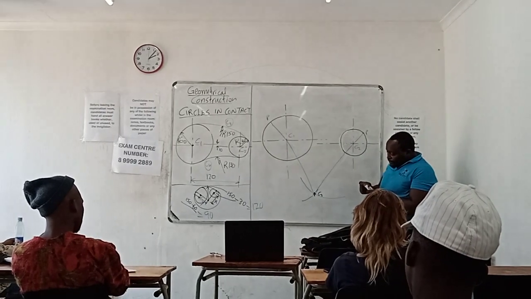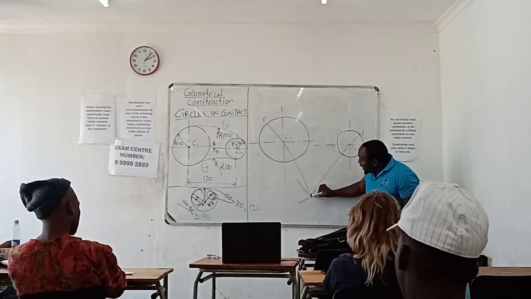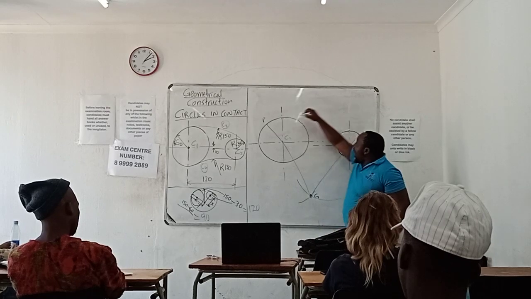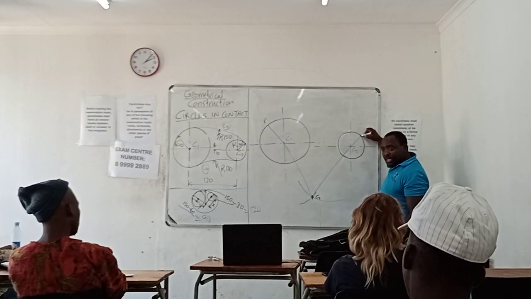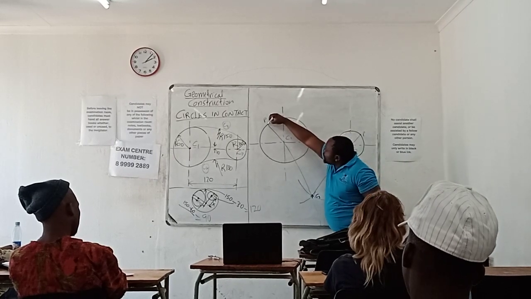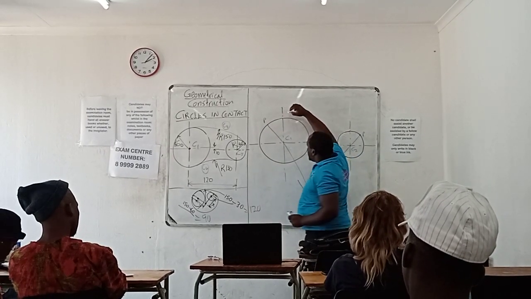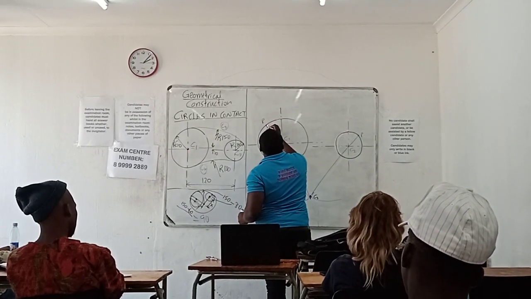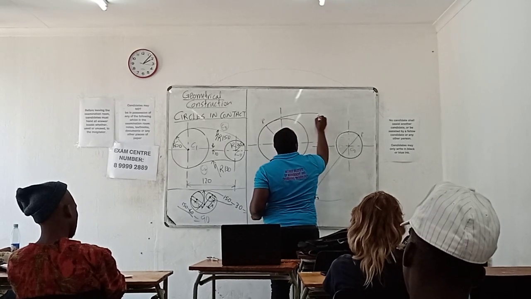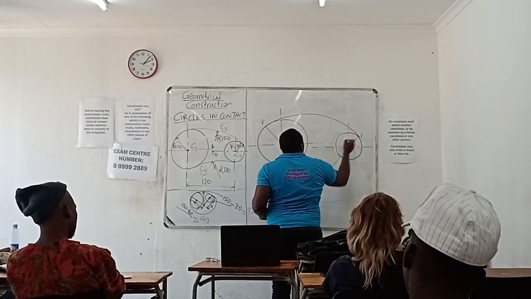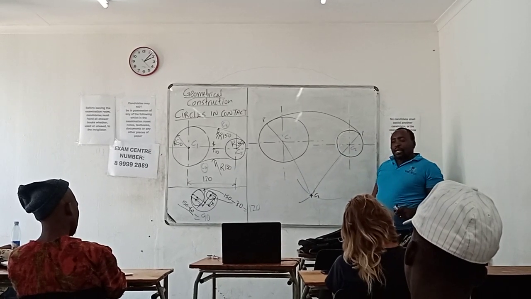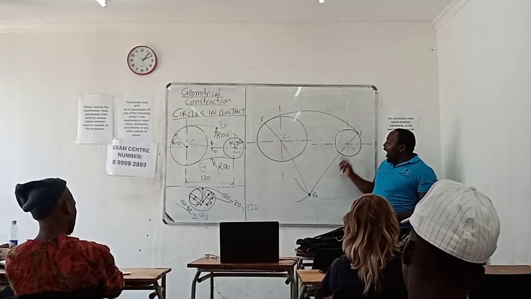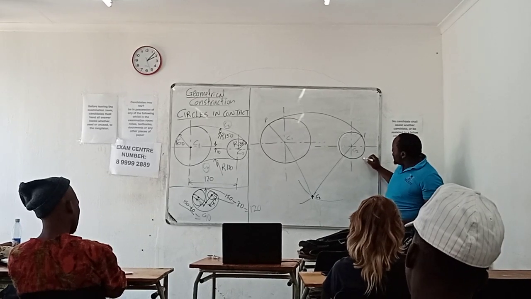Then put your compass here, open to P here, and check if it's coming to this P. Are we together? So I will draw like that. So this is how you get the drawing.